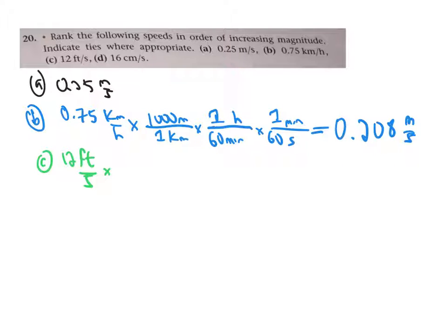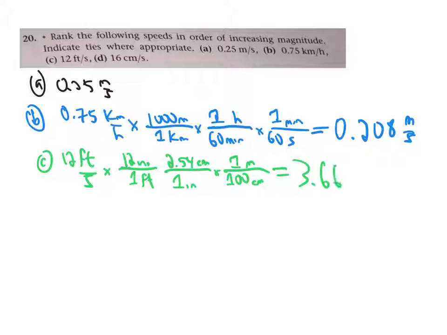But here I'll remember that every 1 foot has 12 inches, and I do that because I remember that every inch has 2.54 centimeters, and then finally that every meter is 100 centimeters. And all that will eventually come down to meters per second, so I just have to throw that into the calculator. We get 3.66 meters per second. Okay, which is much larger.